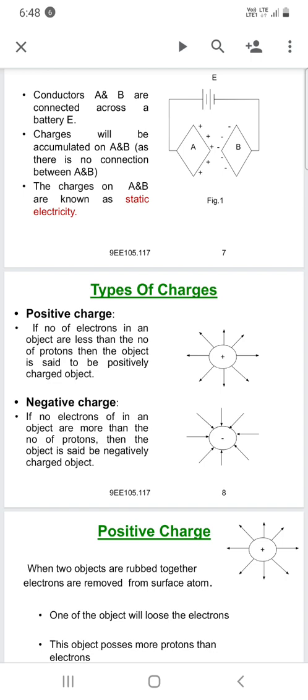Then the charges are accumulated on conductors A and B.